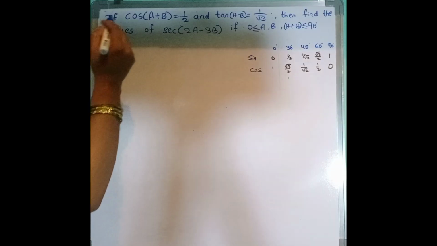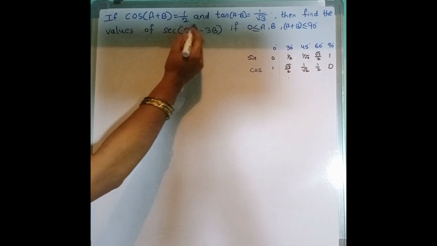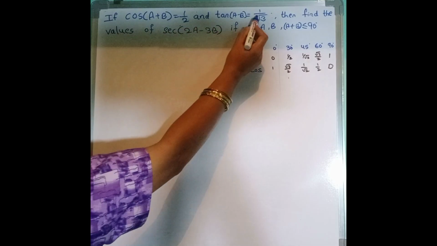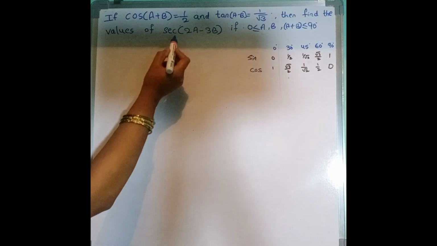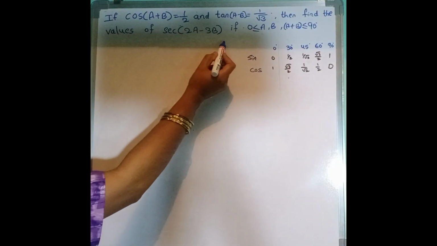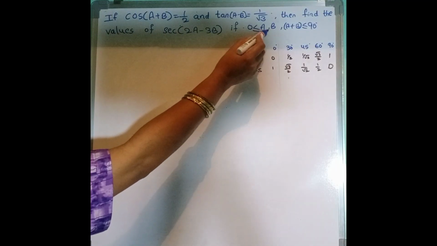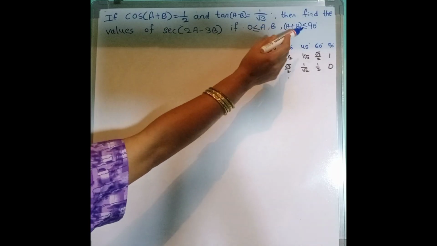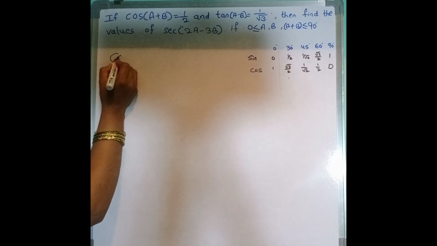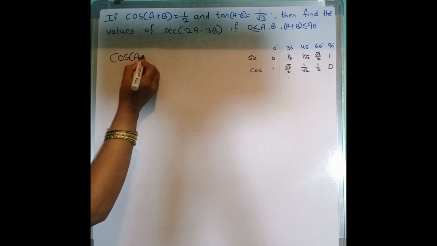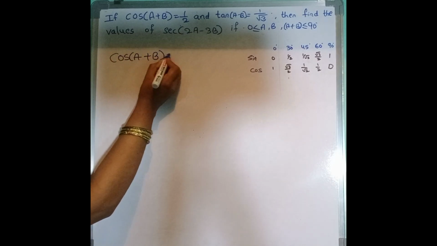If cos of (A plus B) is equal to 1 by 2 and tan of (A minus B) is equal to 1 by root 3, then find the value of secant of (2A minus 3B), if 0 is less than or equal to A, B, and A plus B is less than or equal to 90 degrees. Given cos of (A plus B) is equal to 1 by 2.